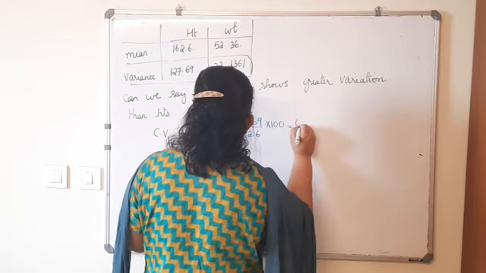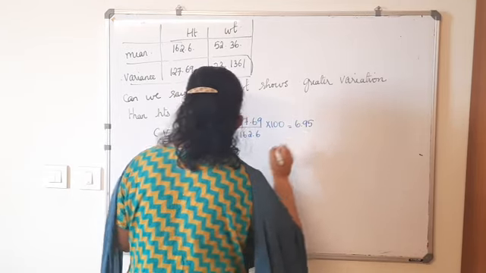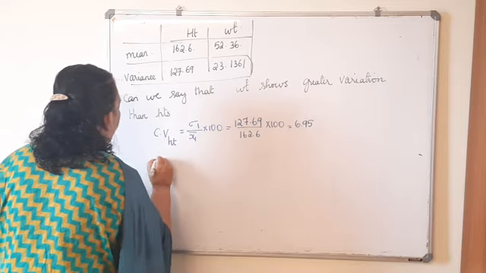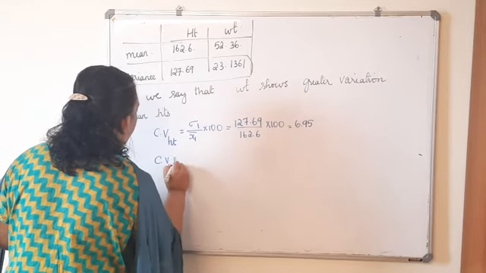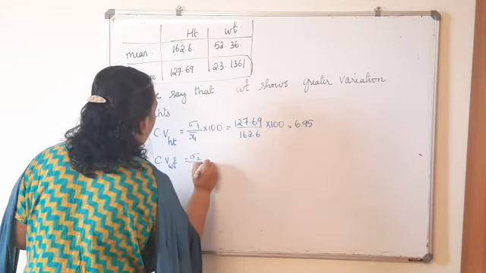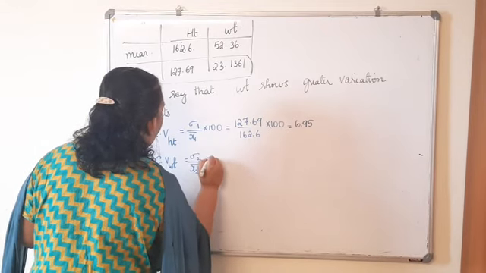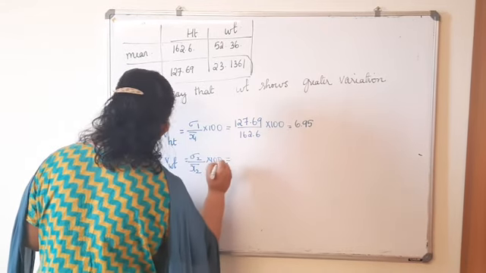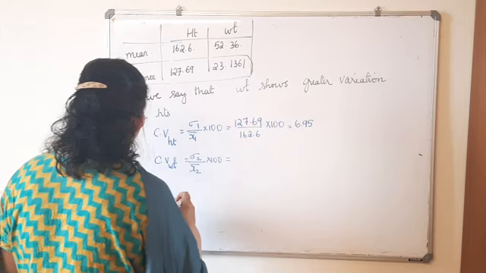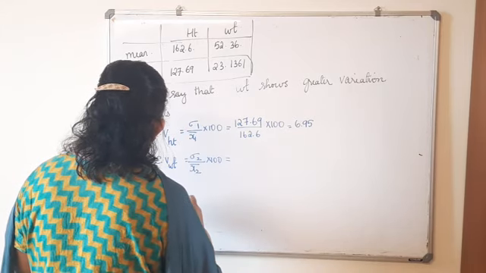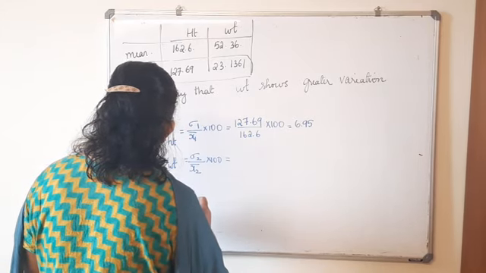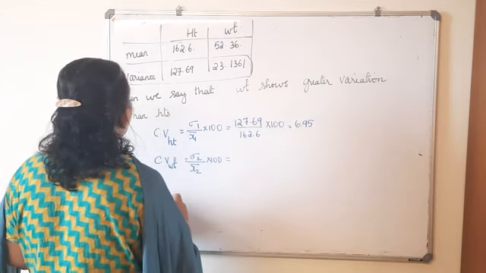Is equal to 6.95, and coefficient of variation for weight is equal to sigma 2 by x2 bar into 100, is equal to sigma 2.